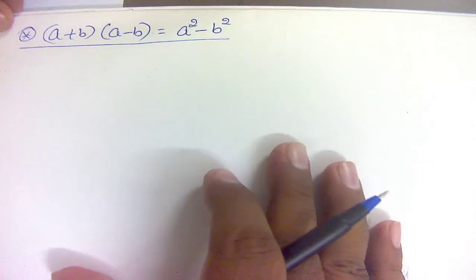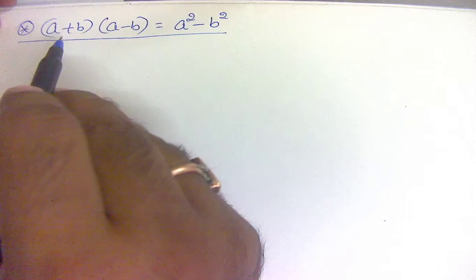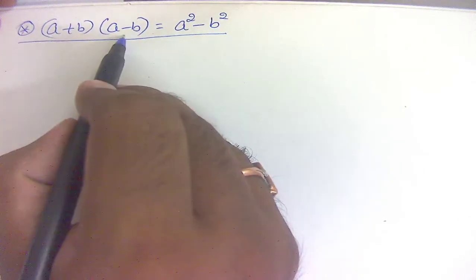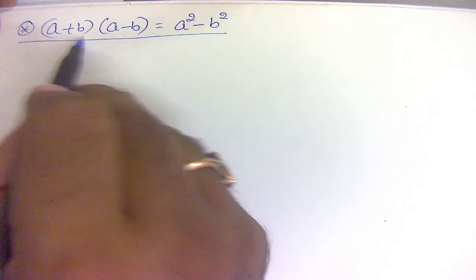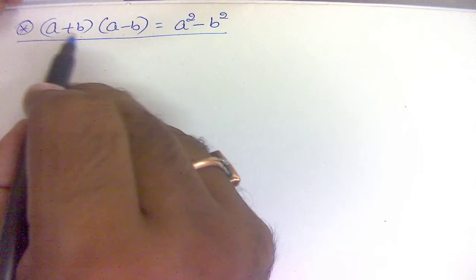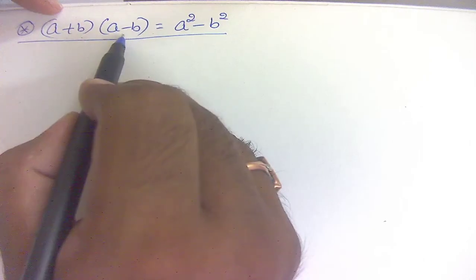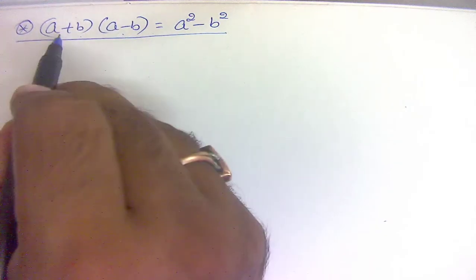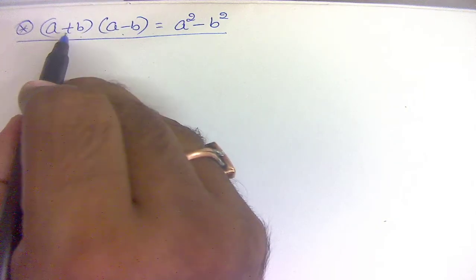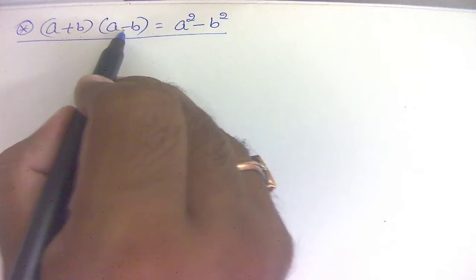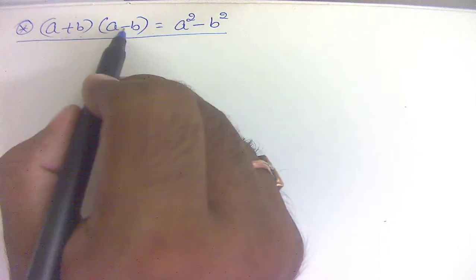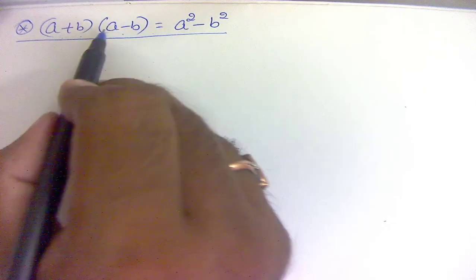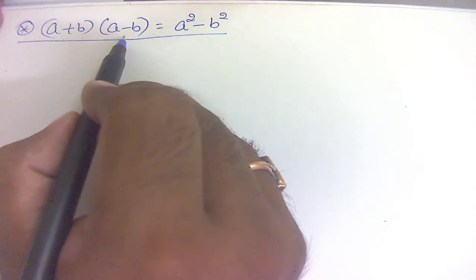So where will this identity be used? If you have a binomial in the form a plus b and a second binomial in the form a minus b, meaning in the two binomials there is only one difference, that is the difference of sign. In one it is positive, in the other it is negative. Then in that case we can use this identity.